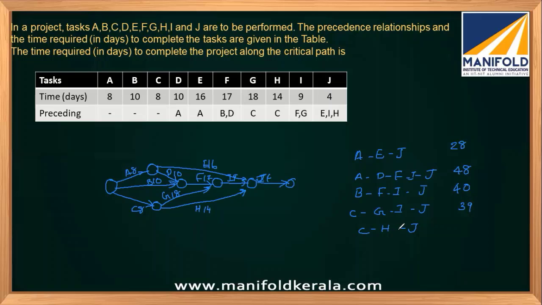And 8 plus 14 plus 4 is 26. Anyhow, 48 is the maximum, and this is the critical path, and the length of the critical path is 48. So this is the answer.